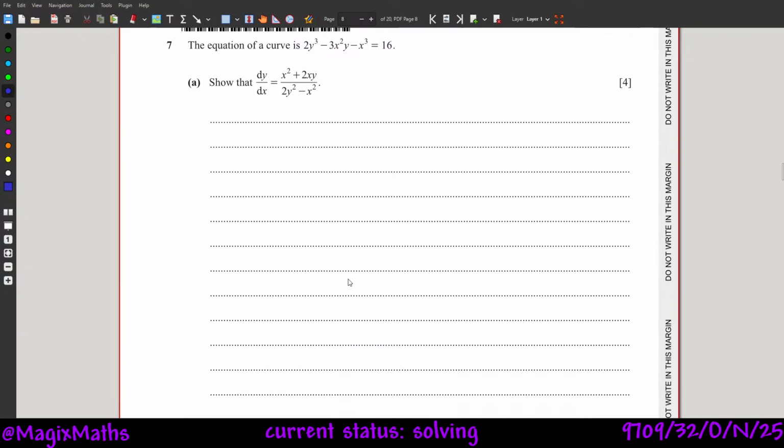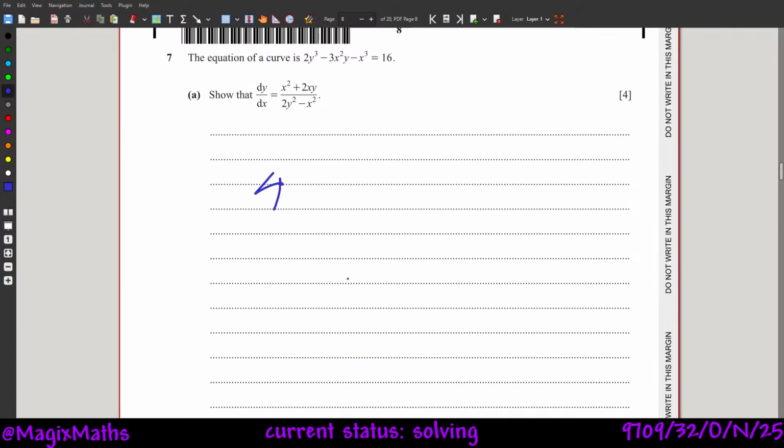Right, we move on to calculus. This part is a little bit more exciting compared to those function questions. This is a differential equation, is it? Now, first thing we have to move the x to the top, then move the variables to where their respective terms are.